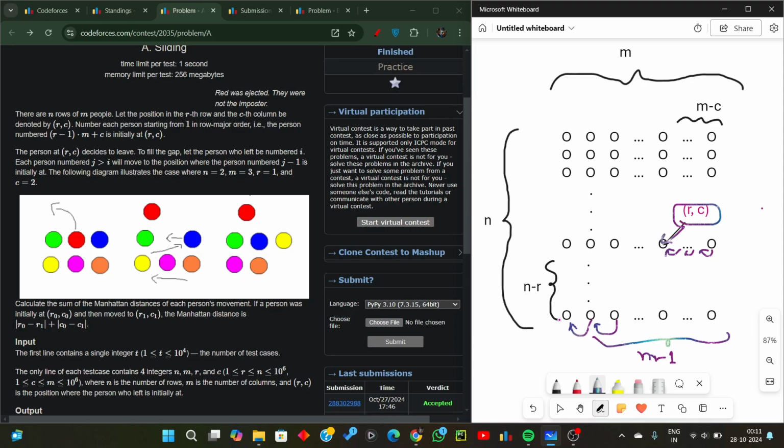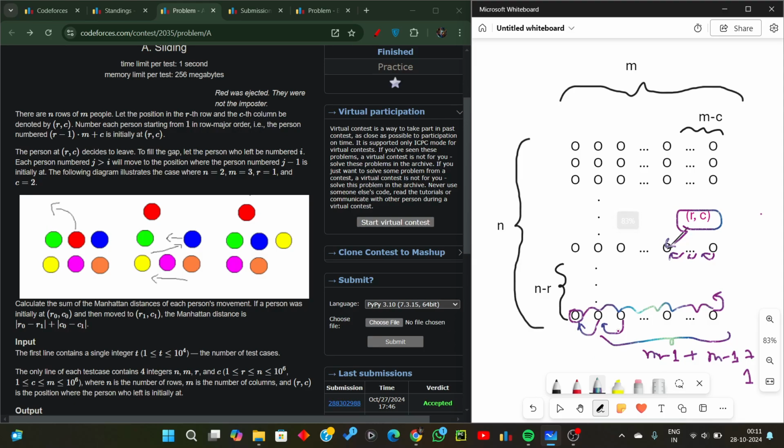And the person who is at the front of the row will also move m minus 1 times, but he has to move an additional one step to go to its previous row, which will be plus 1.